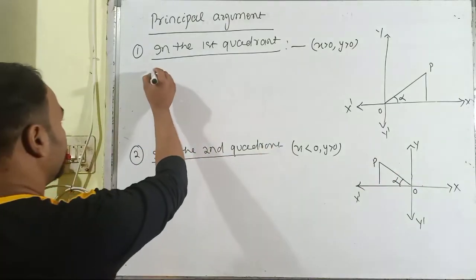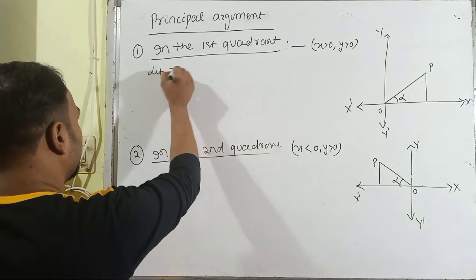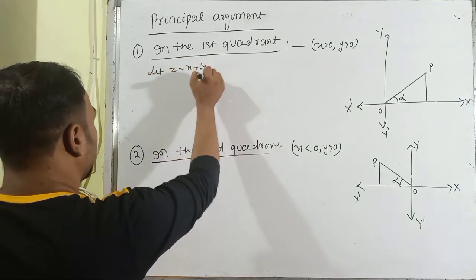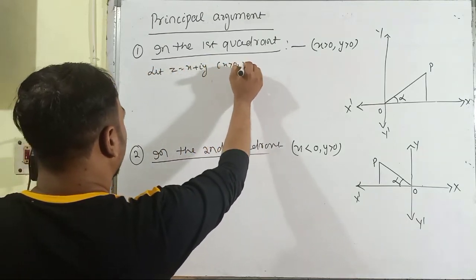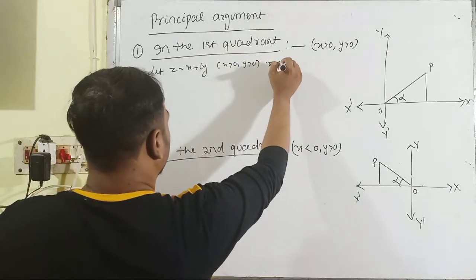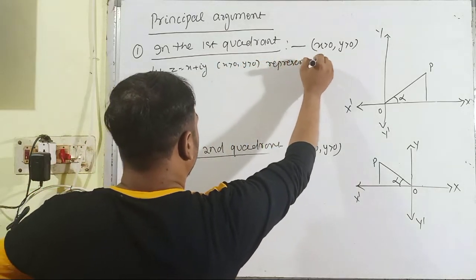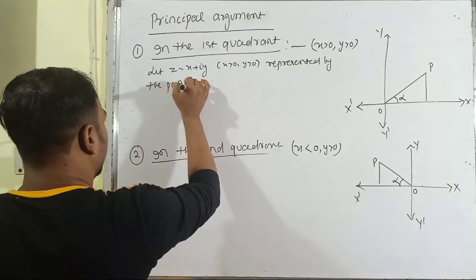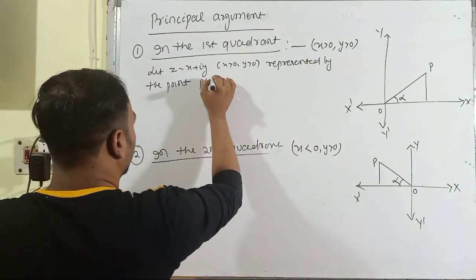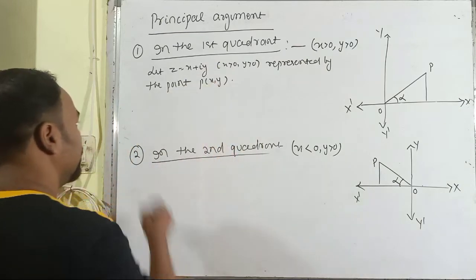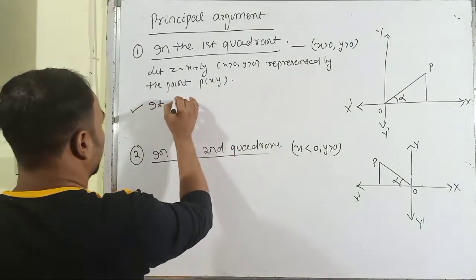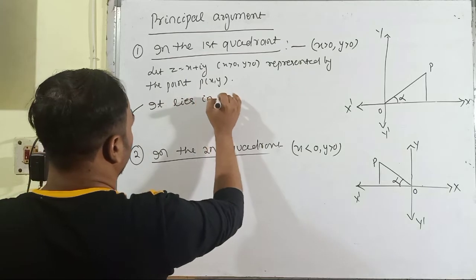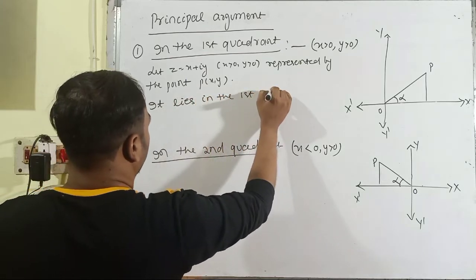So let z is equal to x plus iy, here x greater than 0, y greater than 0, represented by the point P(x, y). It lies in the first quadrant.